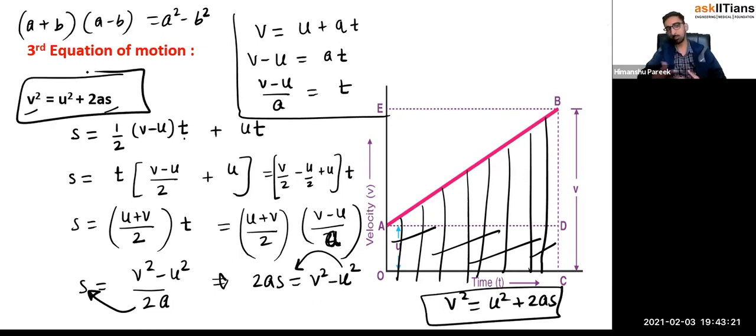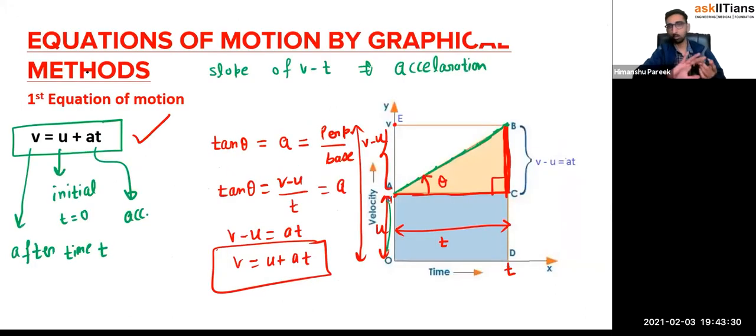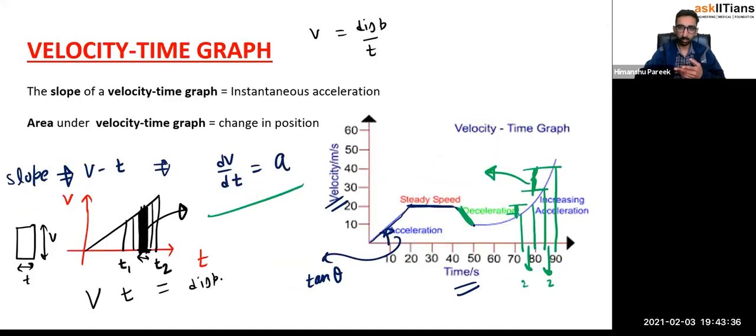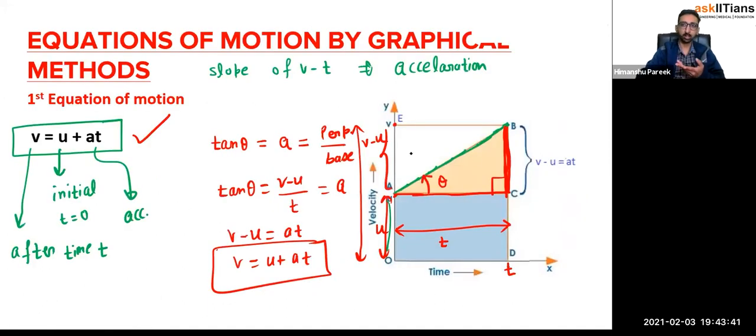So the first equation of motion connects velocity with respect to time, if acceleration is constant. You should remember that. In all the three cases, I have taken acceleration constant. Why am I saying this? Because only when acceleration is constant is the graph linear. If acceleration is not constant, the graph would be something like this, and for such graphs it requires a little higher mathematics to calculate the area under the curve, because you won't be able to simply apply the area of a triangle.